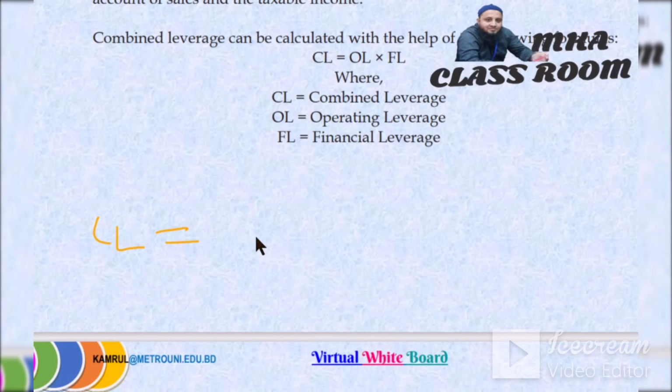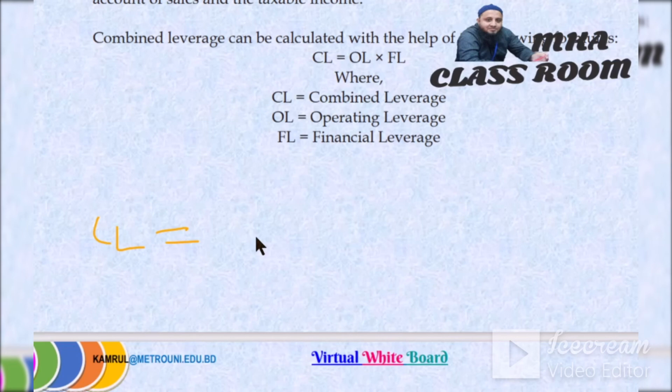If we cancel operating profit, we get C, contribution, divided by profit before tax. So combined leverage equals contribution divided by profit before tax. Here we show C, contribution, OP, operating profit, PBT, profit before tax.